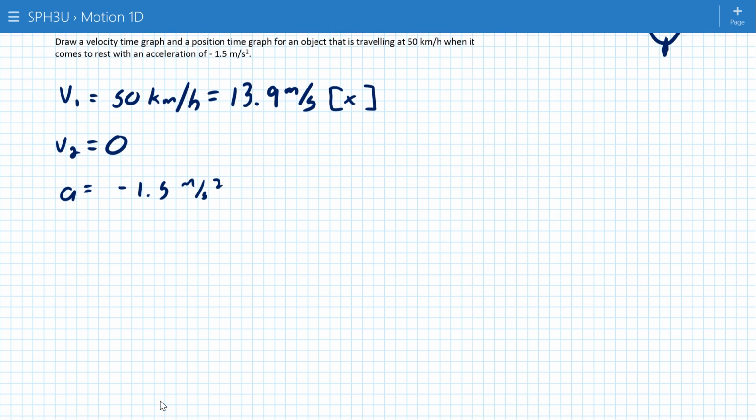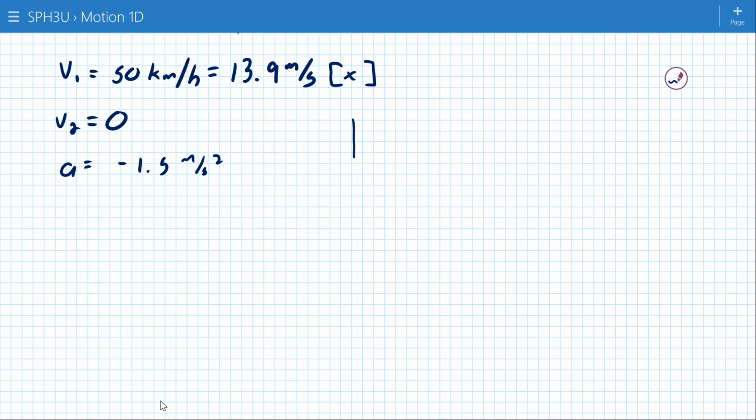So, I can do this graph here using the slope. If I make each square 2, then I know I'm starting just below 14, and I can imagine every time I go over, going down 1.5, and that'll work.